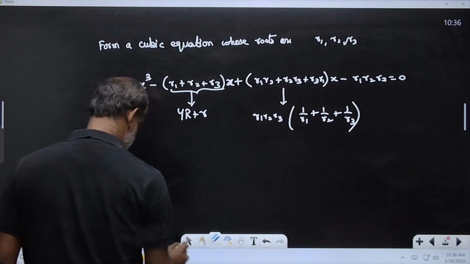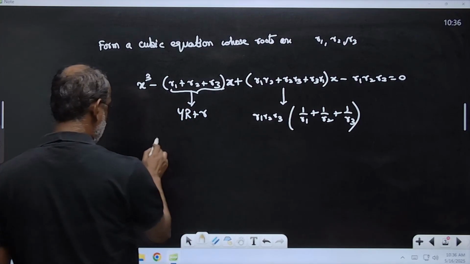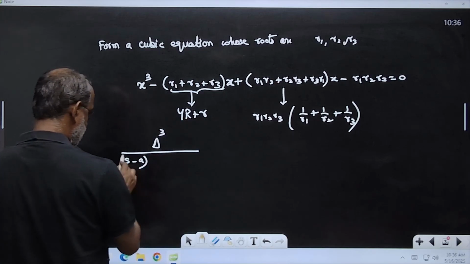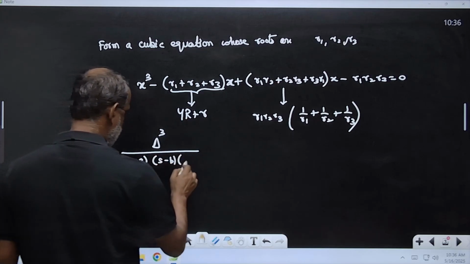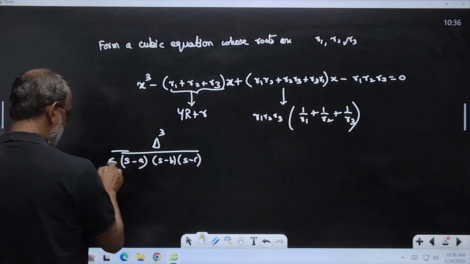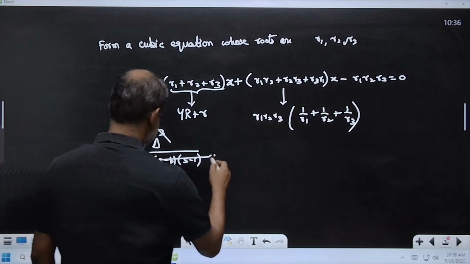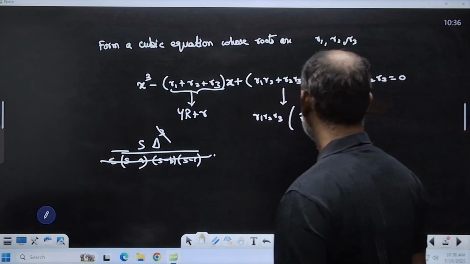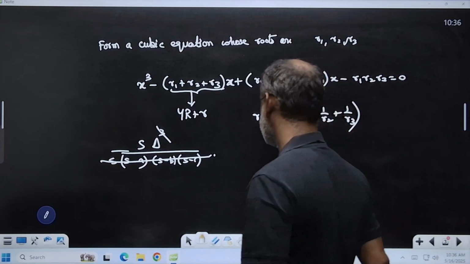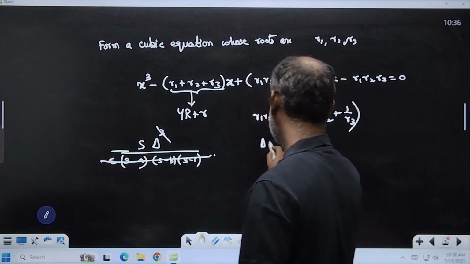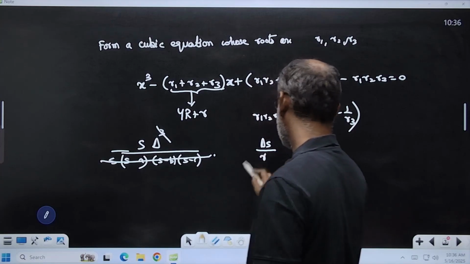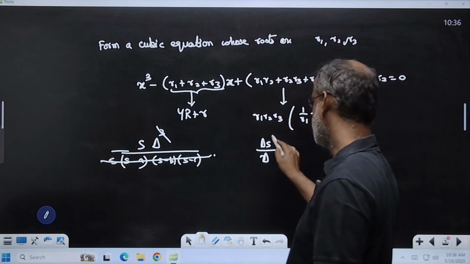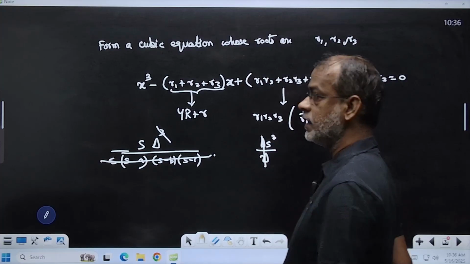It is delta cube by (s minus a)(s minus b)(s minus c). This gets, it is s delta. So, this is delta s upon r. r you can write as delta by s. So, it is s square.